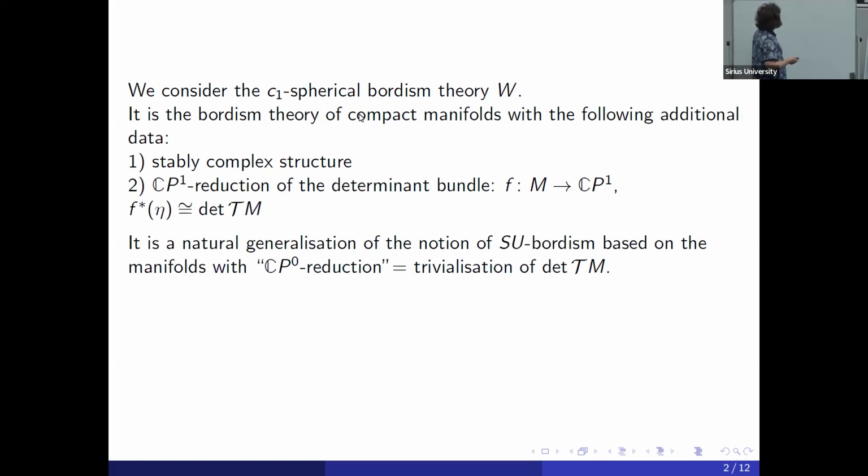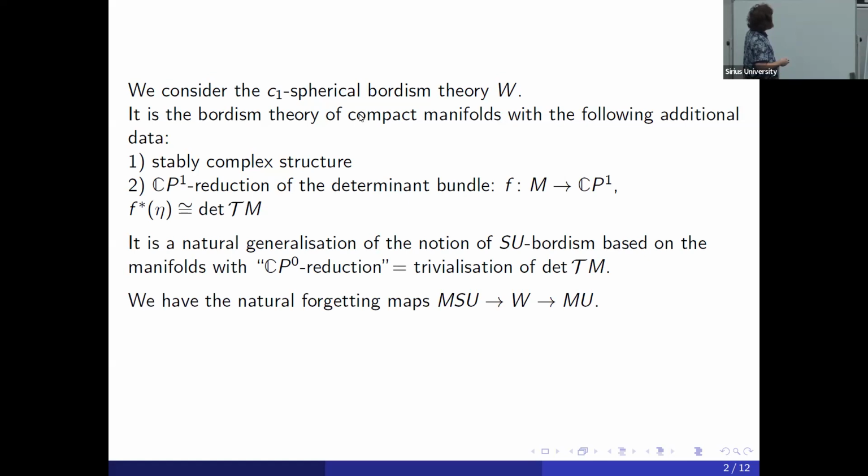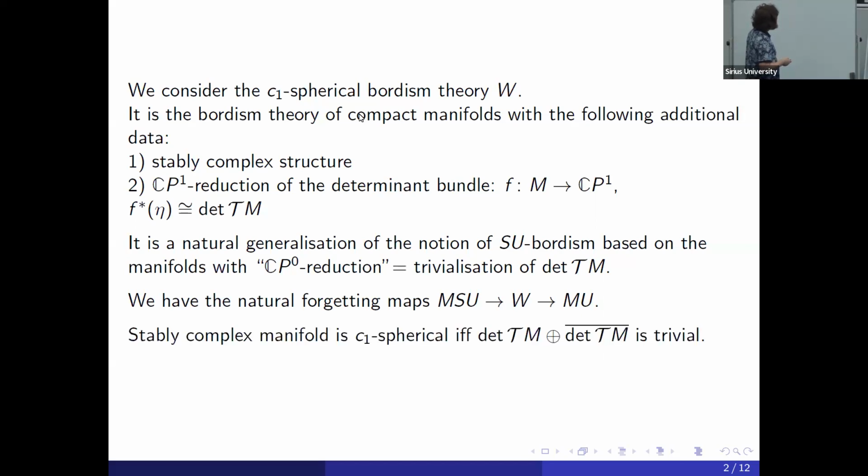It's a natural generalization of the notion of SU-bordism, based on manifolds with CP0 reduction. It is a trivialization: if the determinant bundle is induced from a point, it's trivial, and this is equivalent to the reduction of the structure group to the special linear or special unitary group. And we have natural forgetting maps from SU-bordism to c₁-spherical bordism and to complex bordism.